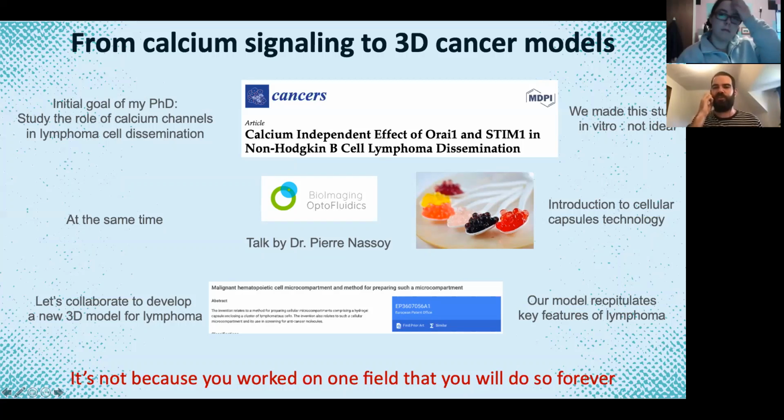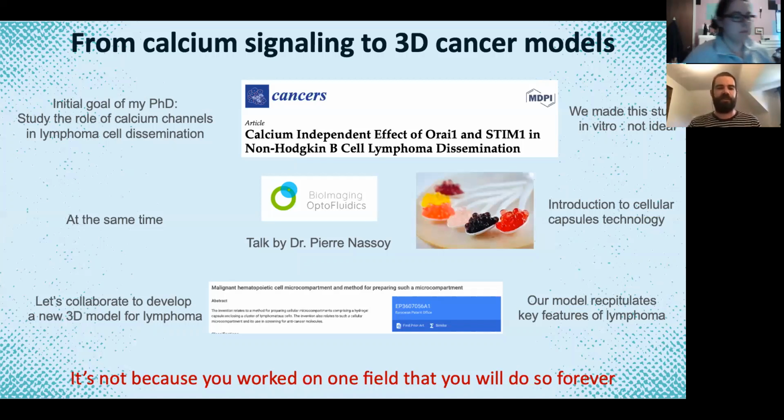When we presented research when I was in bachelor, they said that if you start doing research in, I don't know, immunology, you will be an immunologist forever. I think now that's changing, and that's really cool, because it allows you to see more, have more fun, learn more techniques, and meet more people. Just because you work in one field at the beginning doesn't mean you'll end up working in it forever.